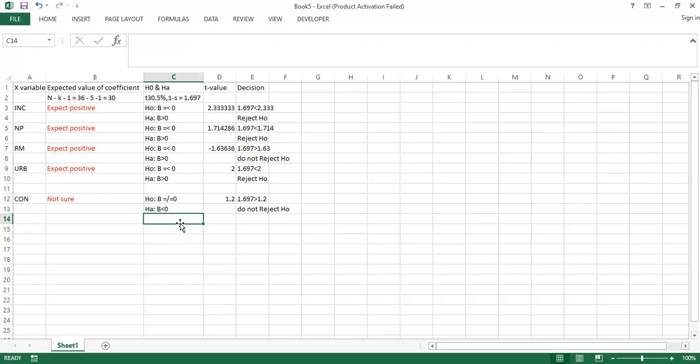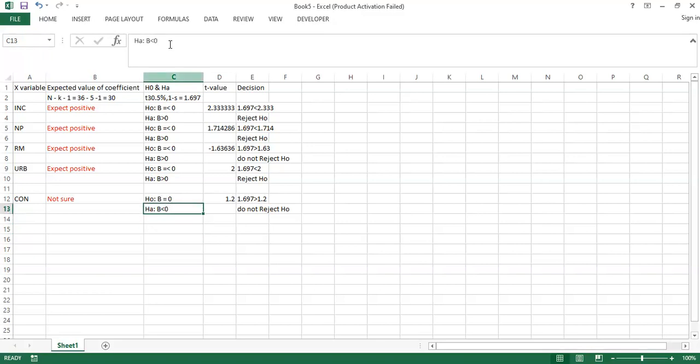Remember, for our null hypothesis, we are going for what is not expected, right? So what is not expected is for this to be equal to 0. In other words, we are saying there is no relationship at all, but we've included that beta coefficient because we think there is a relationship.